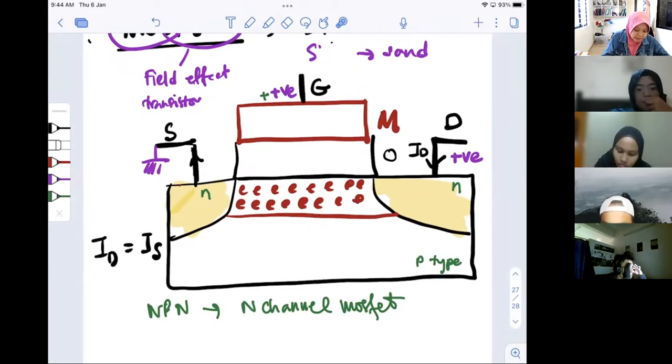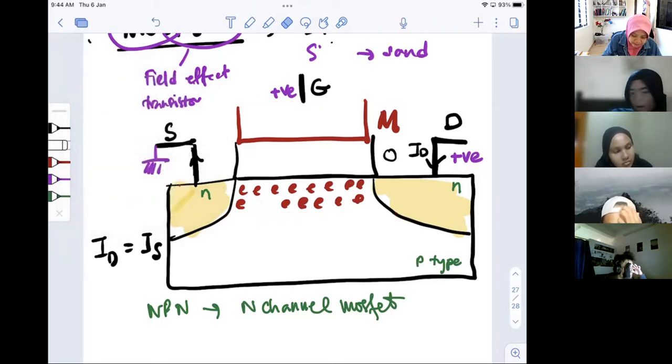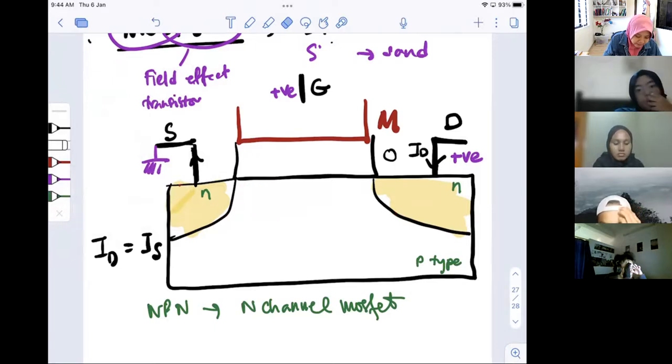Let's say VG now remains constant at double here. Maybe it's easier if I go to the first condition again. I make the gate voltage 5 volt again, not double.